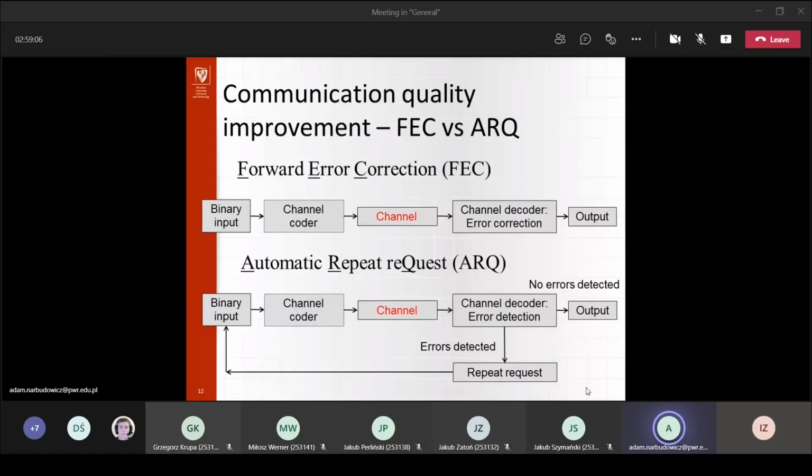So it would also need to be coded in order to make sure the request arrives safely in the desired form, and it has to travel through usually the same channel as the original information.